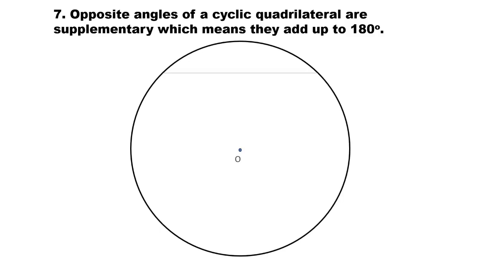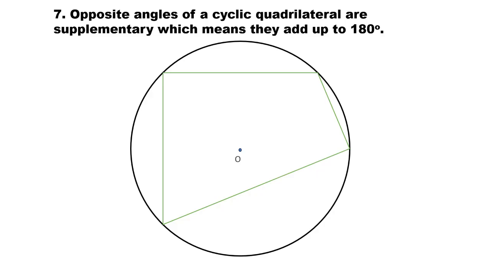Now, moving on to the next theorem. That is the seventh theorem. It states that opposite angles of a cyclic quadrilateral are supplementary, which means they add up to 180 degrees. If we draw our circle, and in this circle we draw a four-sided shape, that is a quadrilateral.